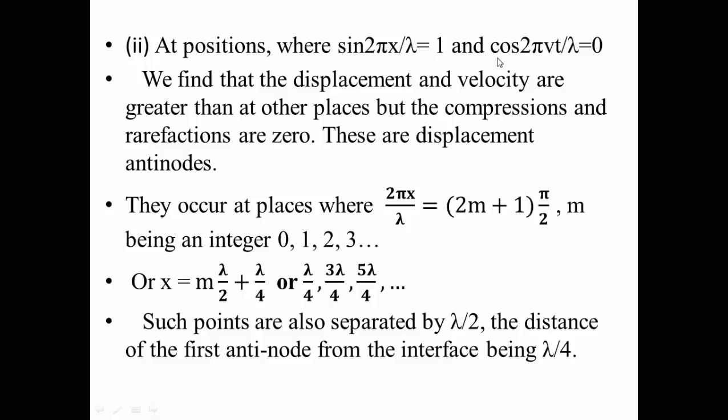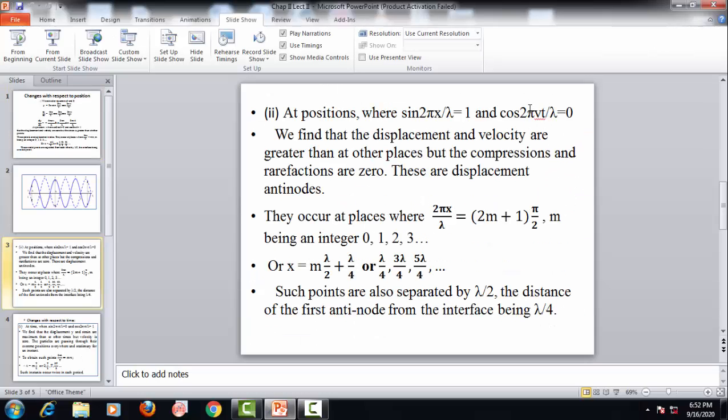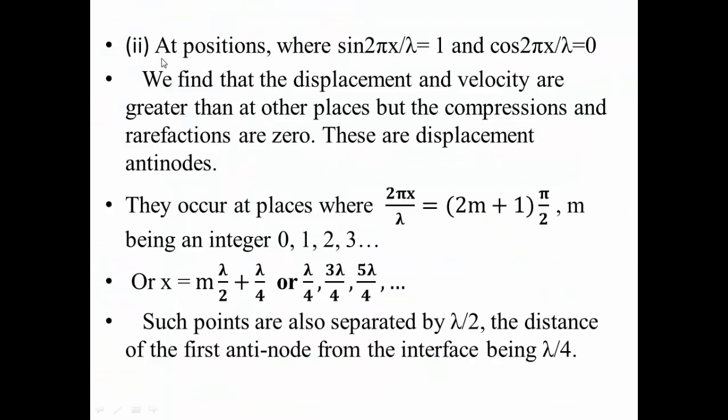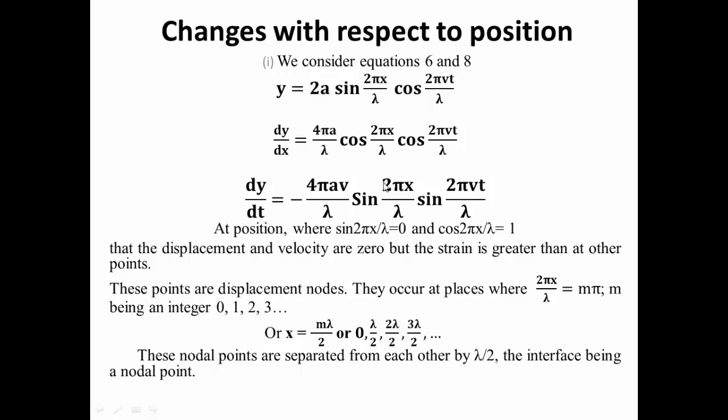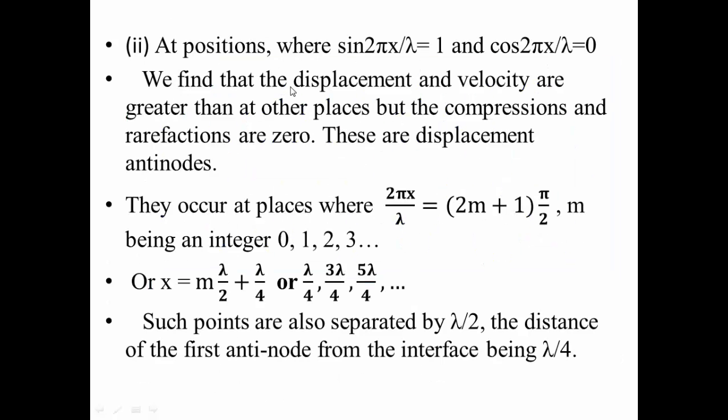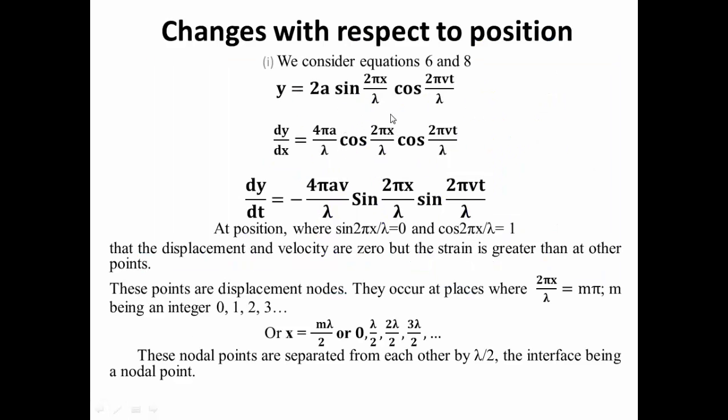Now we consider positions where sin 2πx/λ is equal to 1 and cos 2πx/λ is equal to 0. Going to the three equations, sin 2πx/λ is equal to 1 and cos is equal to 0, so strain is 0, while velocity and displacement are maximum.